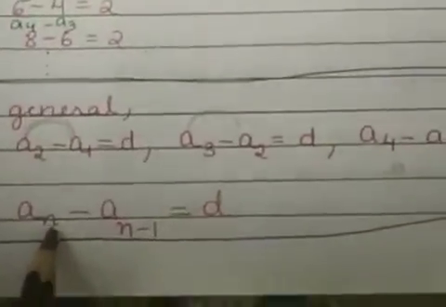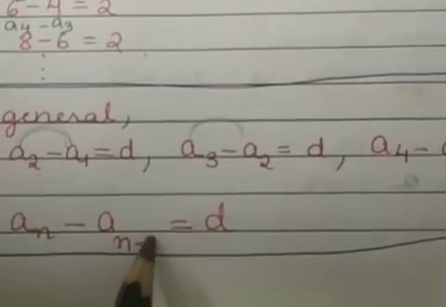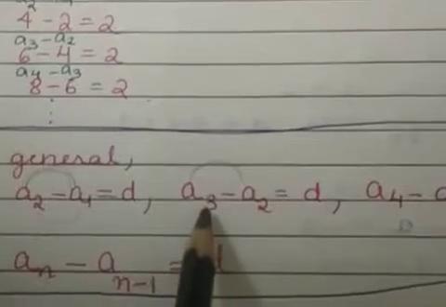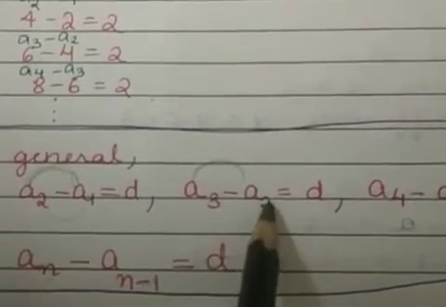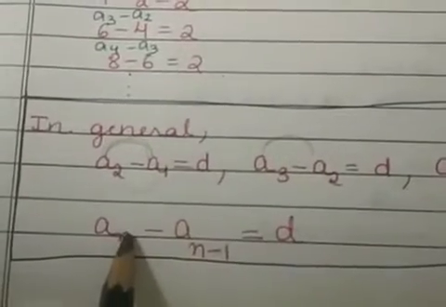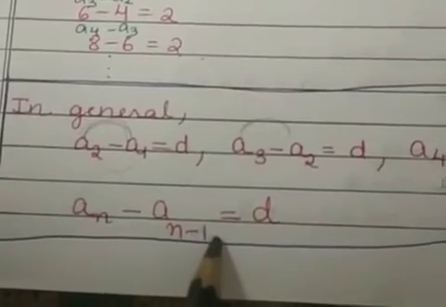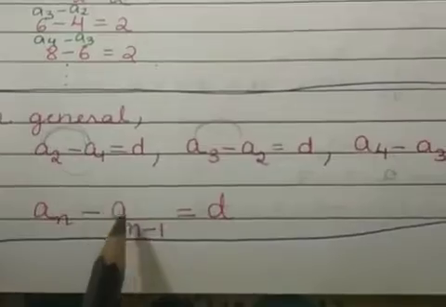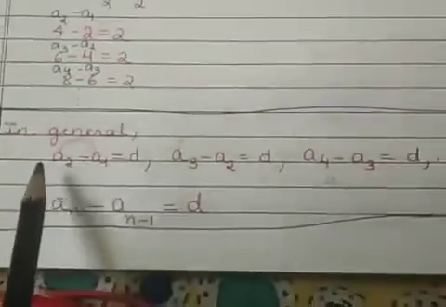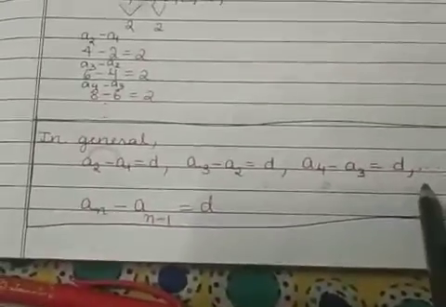So if I take a n, what will be the other term? It will be a n minus 1. 2 minus 1 is 1, 3 minus 1 is 2, 4 minus 1 is 3, so for n it will be n minus 1. So a n minus a n minus 1 will be your common difference d. This is in general how we write it.